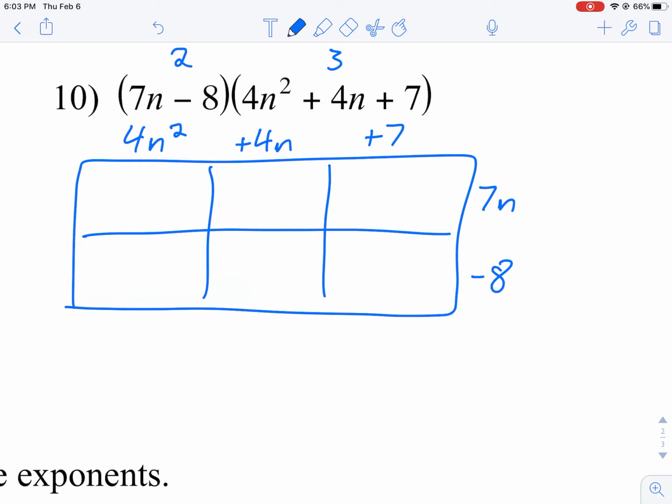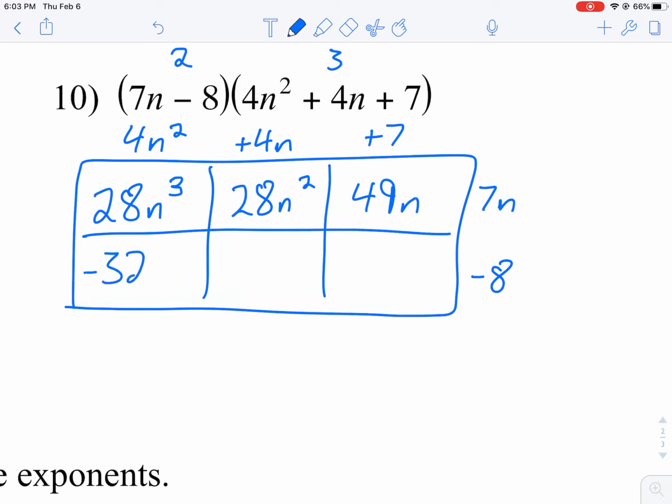So 4n squared times 7n gives me 28n to the third. 4n times 7n gives me 28n squared. 7 times 7n, 49n. 4n squared times negative 8, negative 32n squared. 4n times negative 8 is negative 32n.